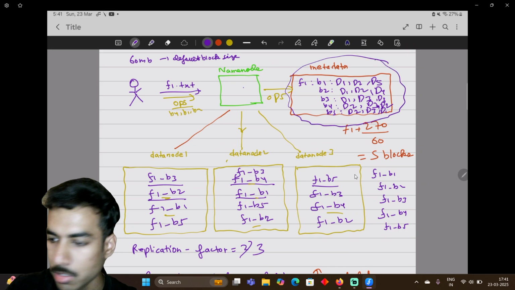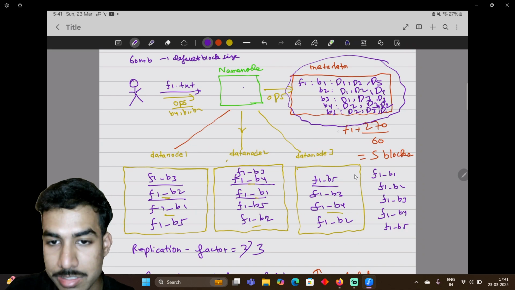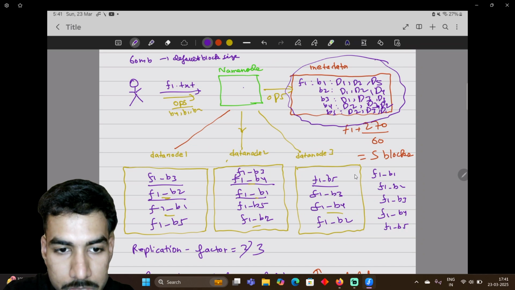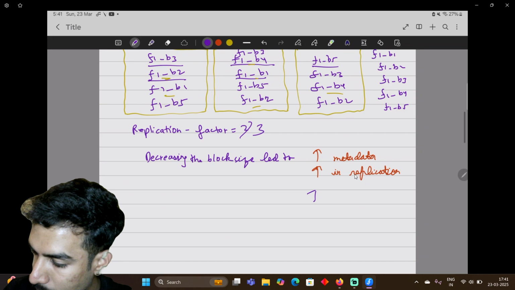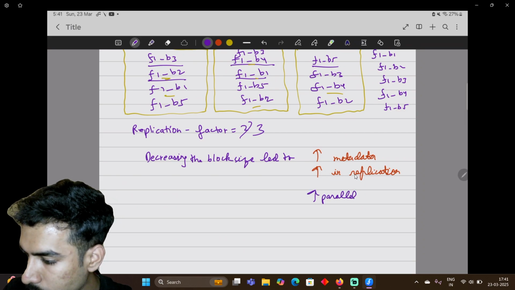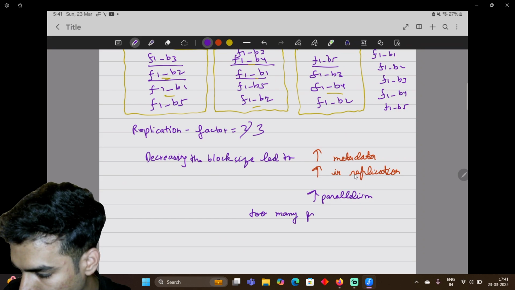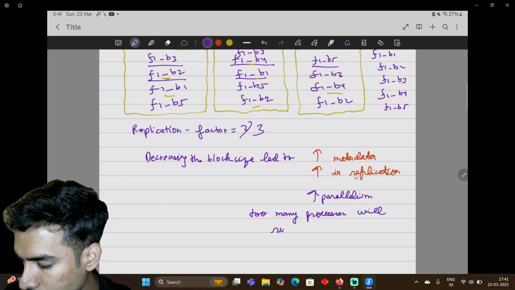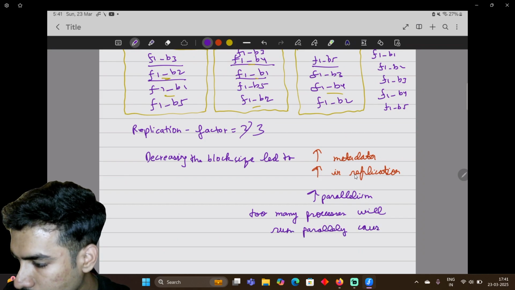Because of the number of replications increasing and the metadata increasing, too many background processes will run, which will increase the parallelism. That means too many processes will run parallelly, causing heavy load.